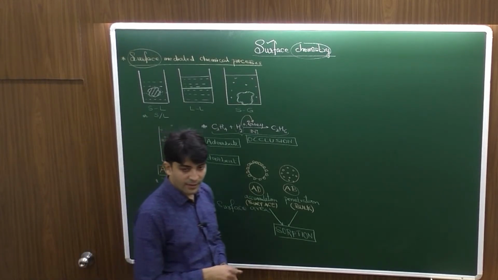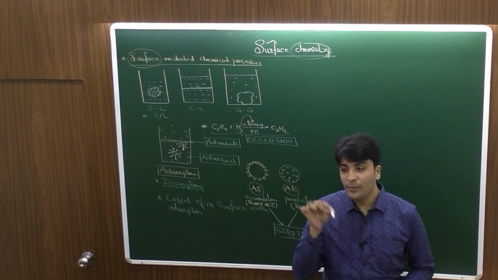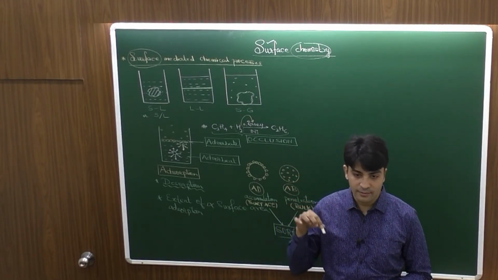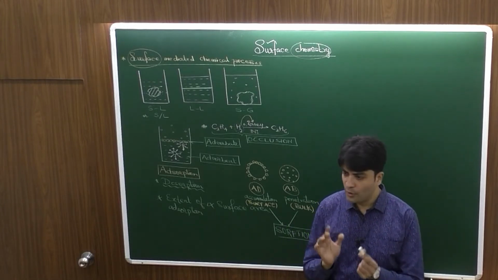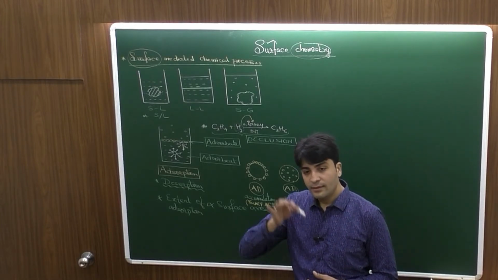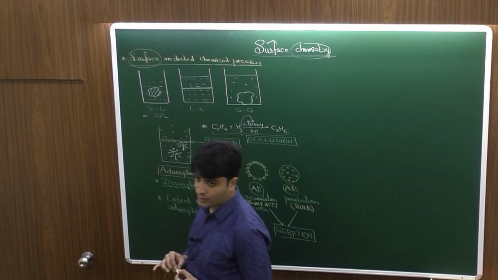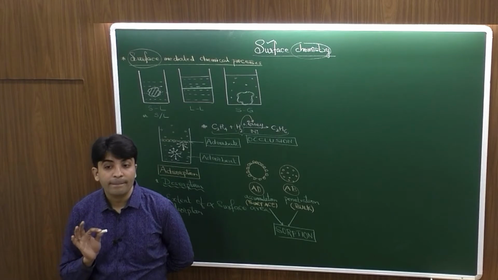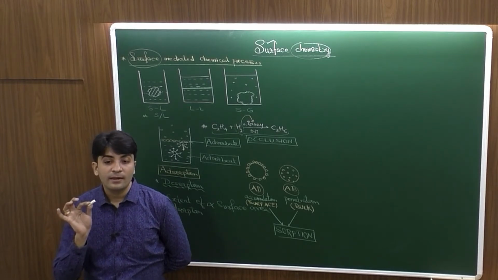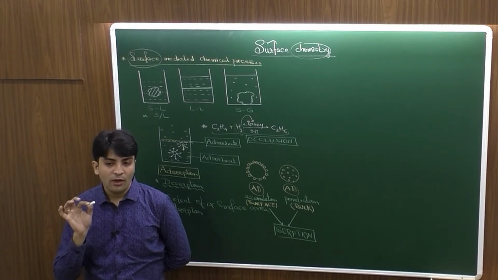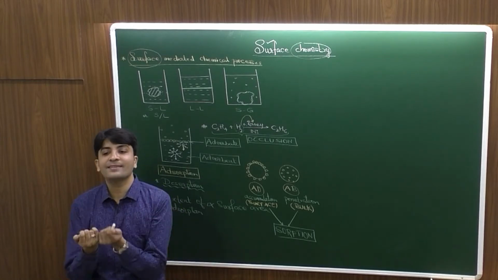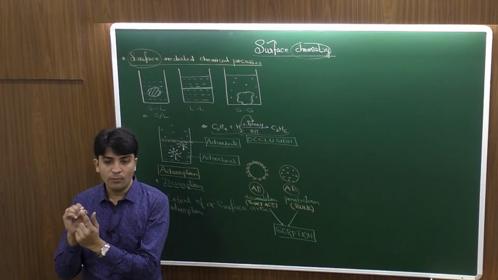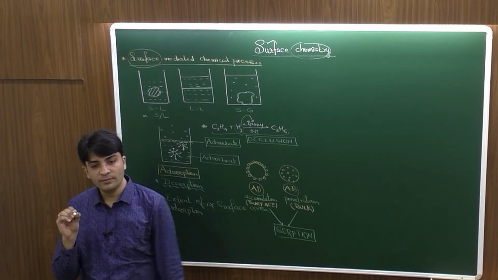Now the best example: if we dip chalk into ink, blue colored ink, or any colored ink, and after taking it out, what is the observation? There is color on the surface. And if I break the chalk internally, what do you observe then? Is the blue color penetrated inside also?